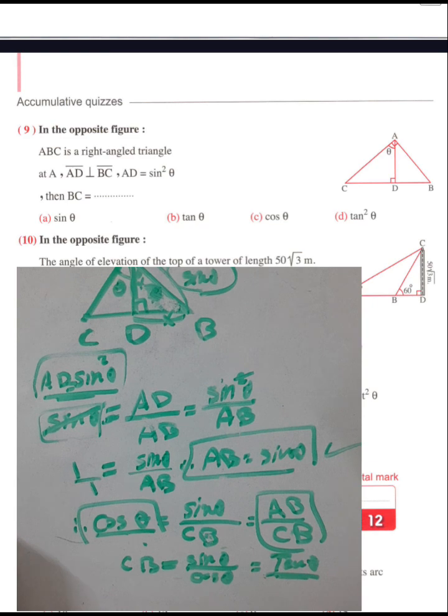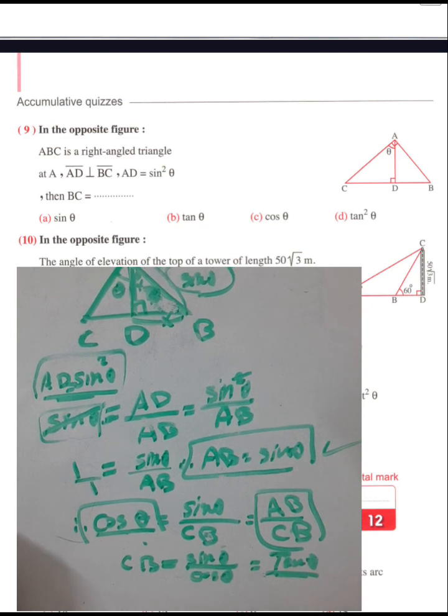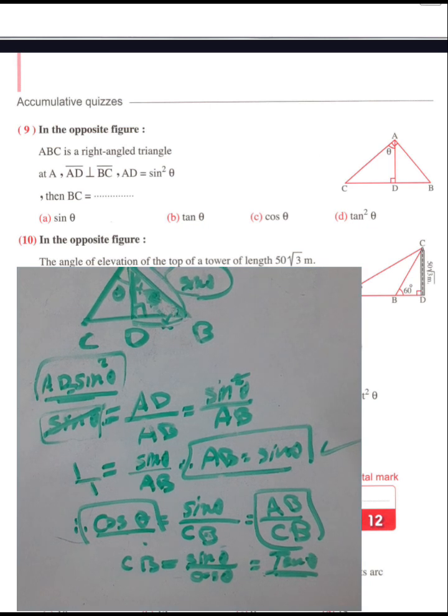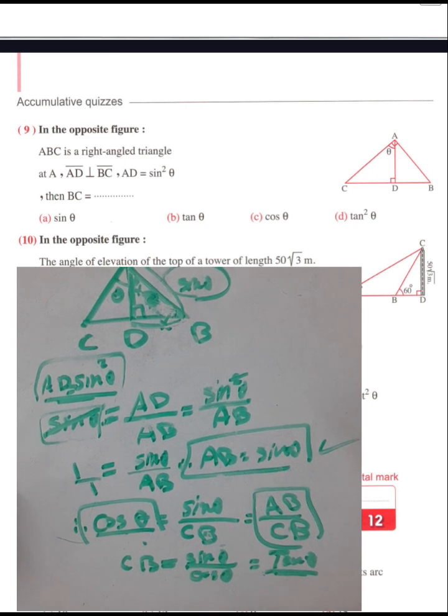Cosine theta equals BD over hypotenuse sine theta. Okay, cosine theta is adjacent over hypotenuse. We can write cosine of angle theta.